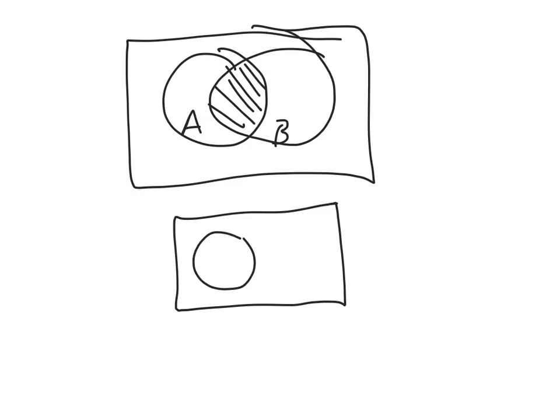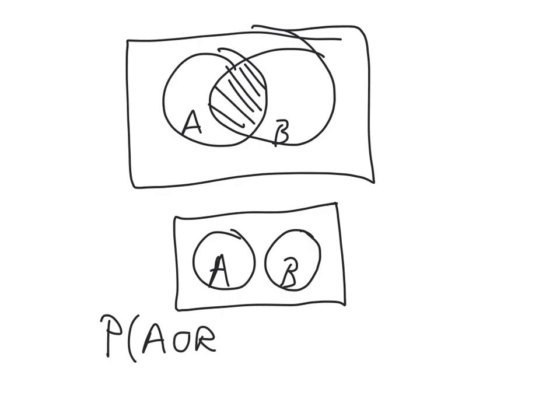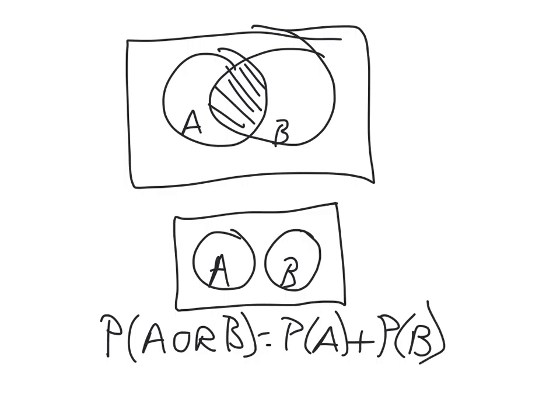In this particular case, A and B don't have any section in common. So if I wanted to find the probability of A or B, it would simply be the probability of A plus the probability of B. I wouldn't have to worry about that flap. In that particular case, when I have the flap, I'll have to subtract it out.